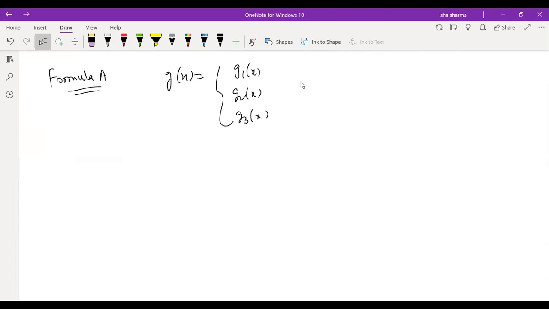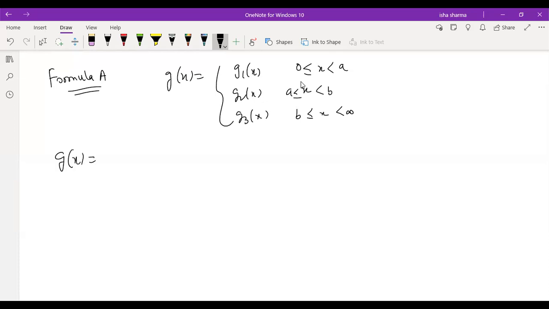Your domain is divided into 3 subparts, say 0 to a, a to b, and then b to infinity, x greater than or equal to b. So instead of 2, there are 3, right? So here, how will you express this in the unit step function form, so that you are able to use the second shifting theorem? So it's easy.